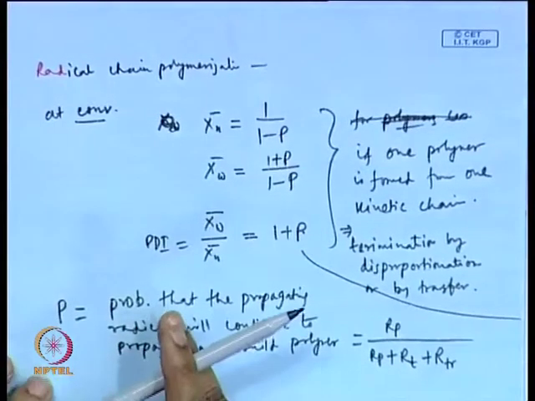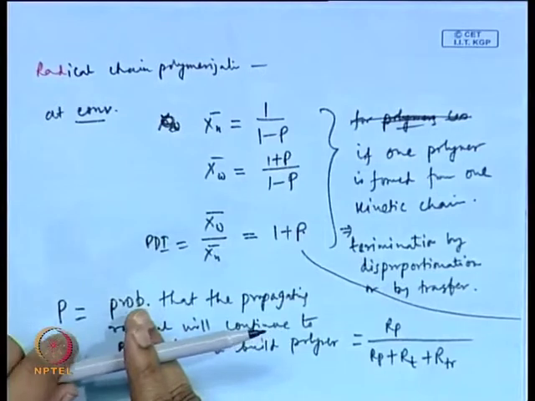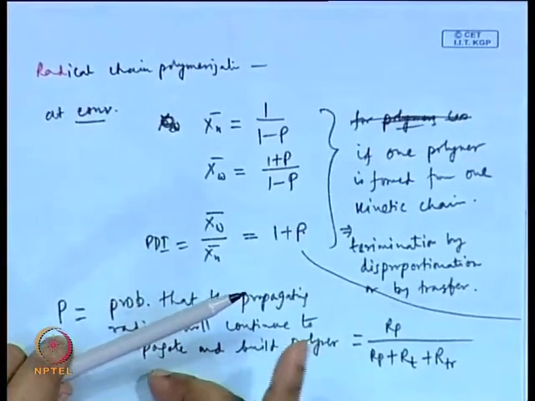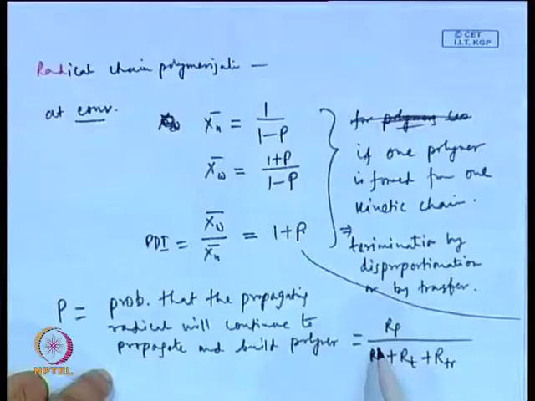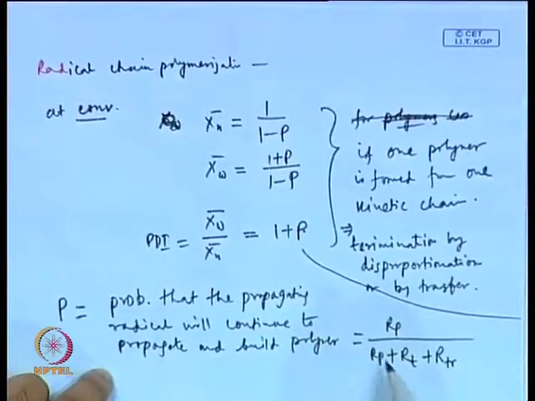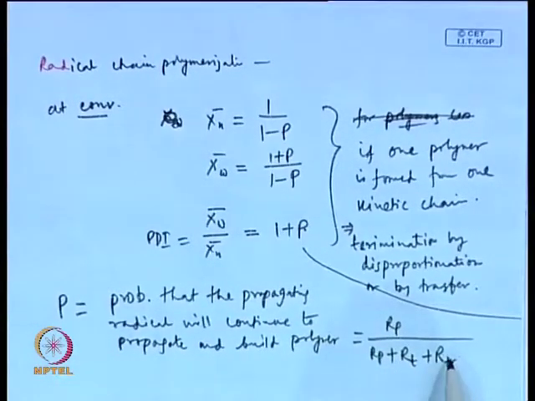So, a radical, a kinetic chain or a propagating radical can undergo 3 reactions. It can again react with the monomer and propagate, it can terminate, it can transfer. What is the probability? The probability is given by the rate of propagation divided by the total rates, which is the summation of propagation plus termination plus transfer. Okay.